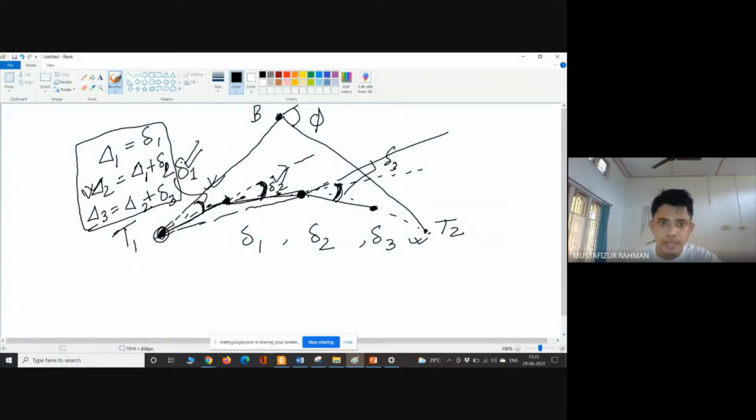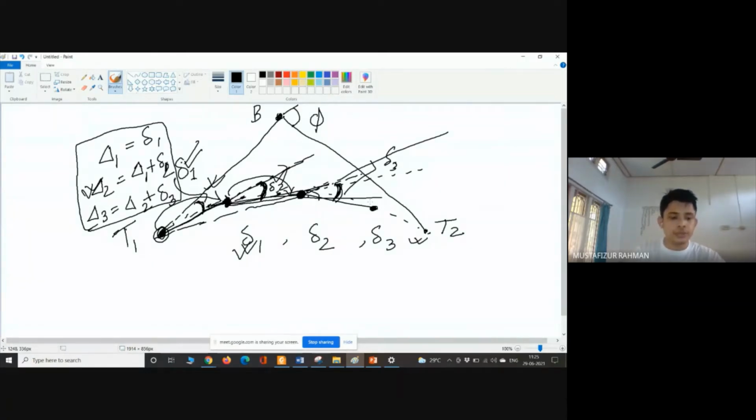First one, when we are measuring this small delta 1 and we got the direction, we went some meters in this way, 20 meter, 30 meter. We got the second point, then the instrument will have to come here. And then again, we have to find out the next delta 2, go the direction 20 meter. Then again, the instrument will have to come here. Then again, we have to go in this way, find the direction delta 3 and go in this way. So that way we have to change our instrument every time.